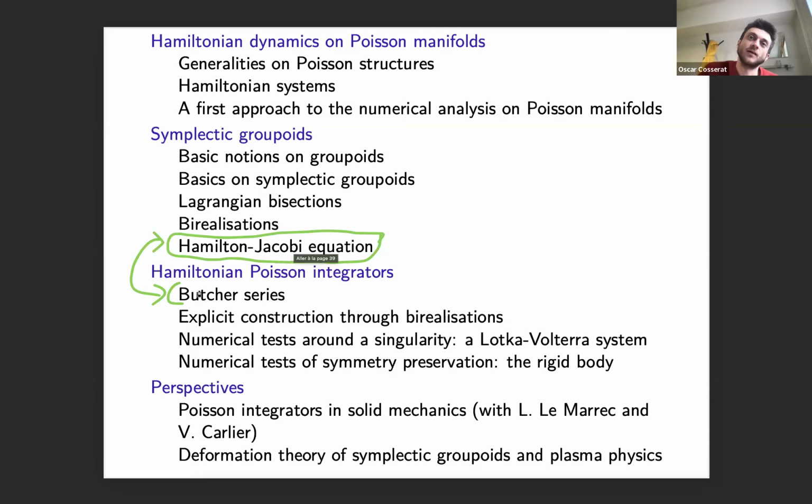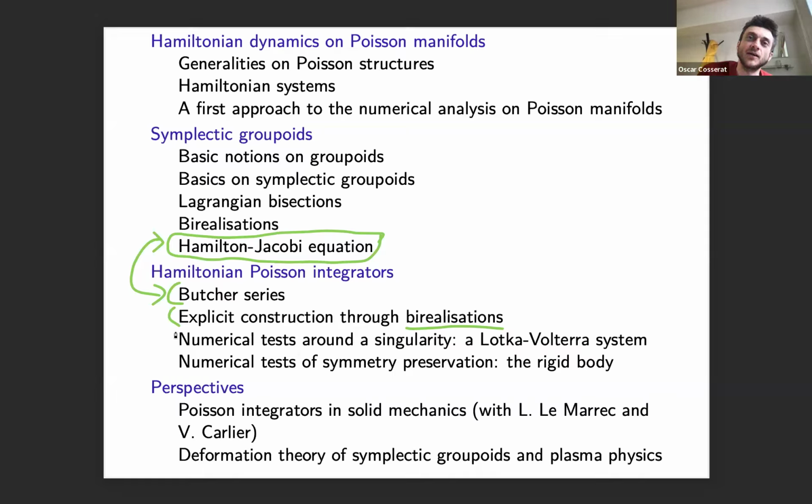Then the second part is a recipe to construct Hamiltonian Poisson integrators for any Hamiltonian system on a Poisson manifold once you have a birealization. So remember that one message of the last lecture was that symplectic groupoids and birealizations are not so easy to compute explicitly in general.